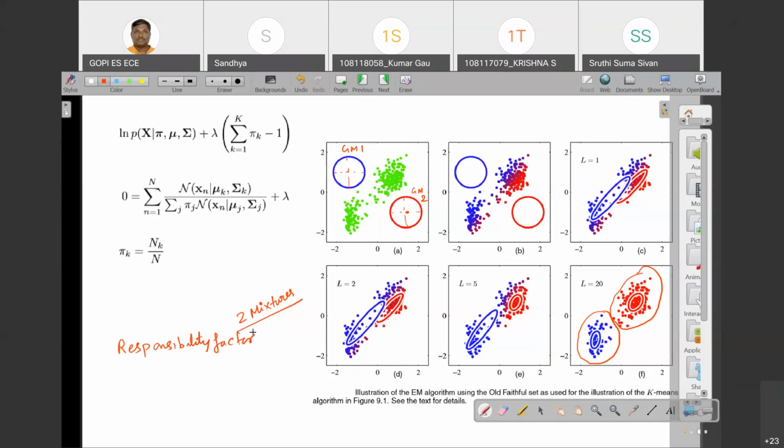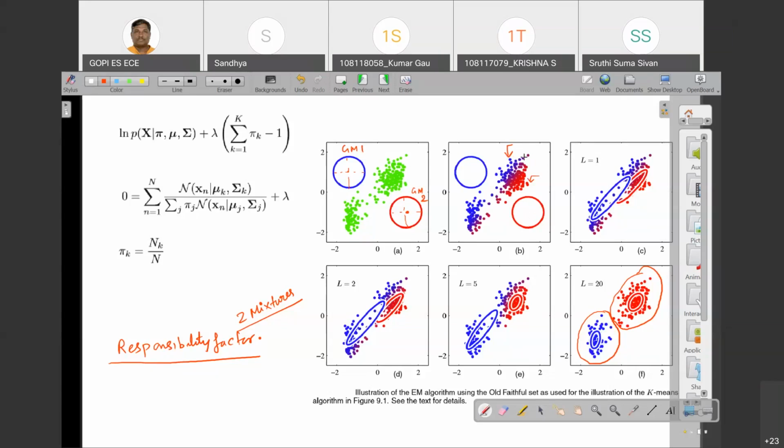As I told you, all the vectors are getting generated by both Gaussian model 1 as well as Gaussian model 2. It is only a mixture that is happening. If it is pure blue, we say that model 1 is responsible for generating that. If it is pure red, then we can say model 2 is responsible for generating that.